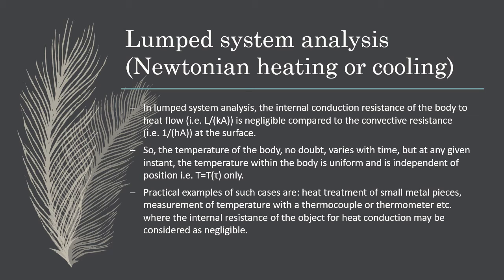Lumped system analysis, Newtonian heating or cooling. In lumped system analysis, the internal conduction resistance of the body to heat flow, that is L by kA, is negligible compared to the convection resistance, that is 1 by hA at the surface.